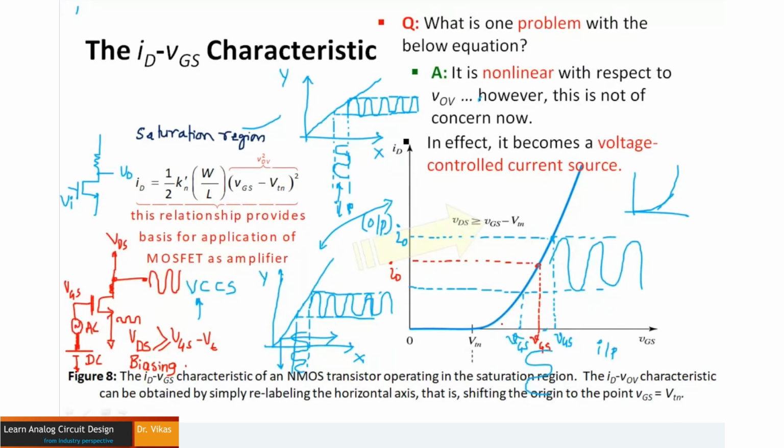If I keep on drawing small slopes and try to calculate the slope, how do I calculate it? This is y, this is x, I do y by x.